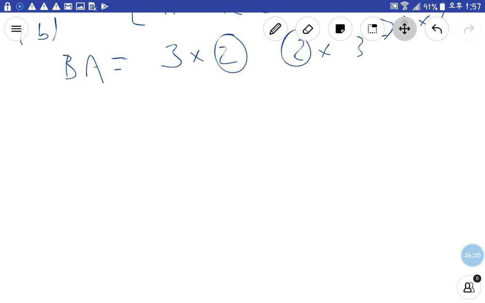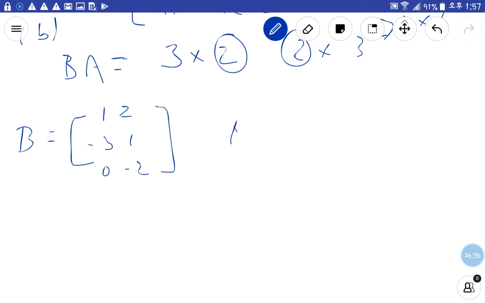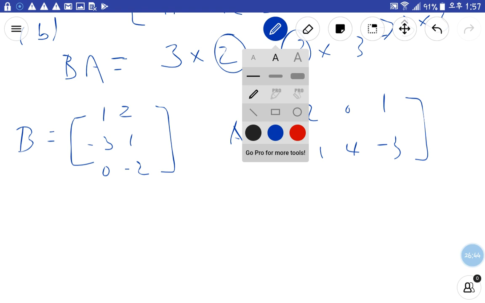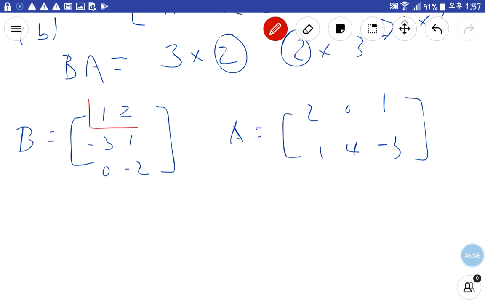Okay. My board is getting slow. Alright, so my B is 1, 2, negative 3, 1, 0, negative 2. And my A, 2, 0, 1, 1, 4, negative 3. Now I have to pay attention to my first row and first column here.